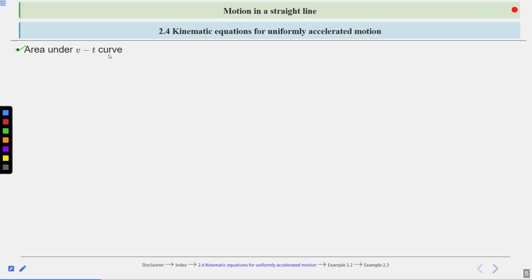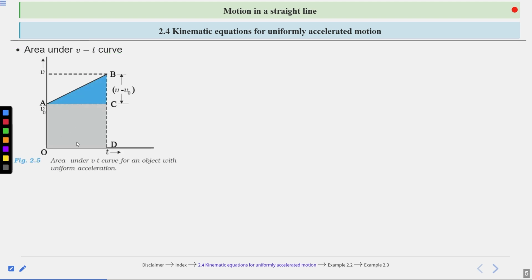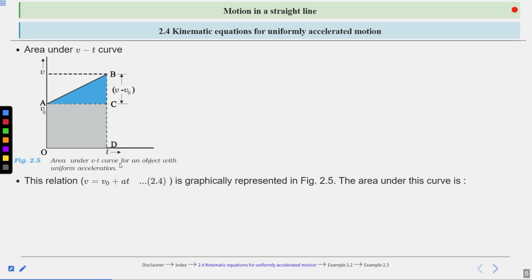Area under the v-t curve. Here v is velocity and t is time. Look at figure 2.5: area under the v-t curve for an object with uniform acceleration. On the y-axis, or vertical axis, there is velocity, and on the x-axis, or horizontal axis, there is time.